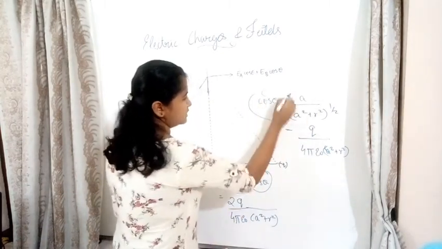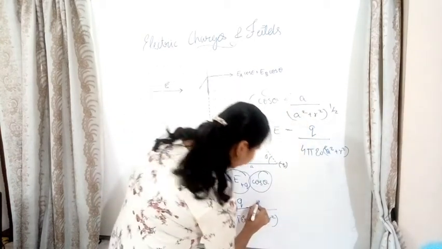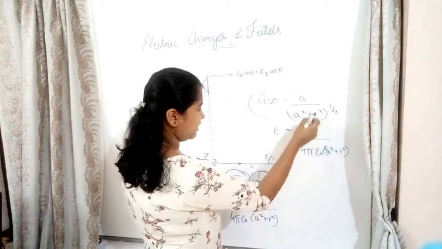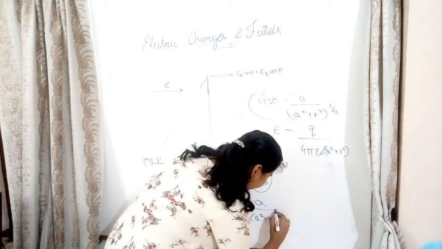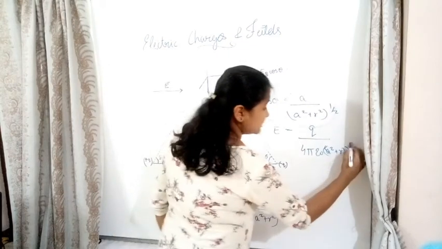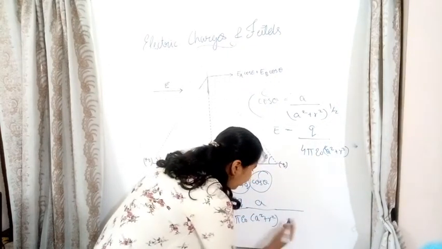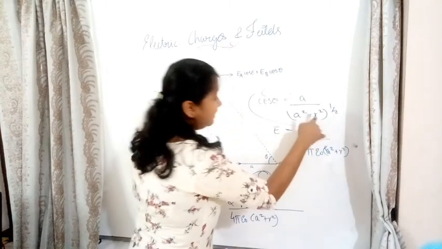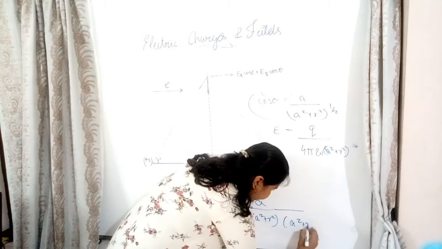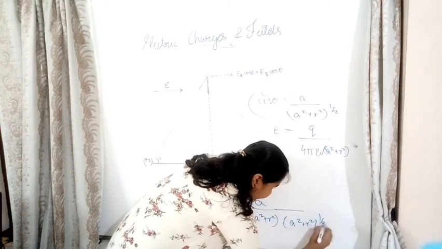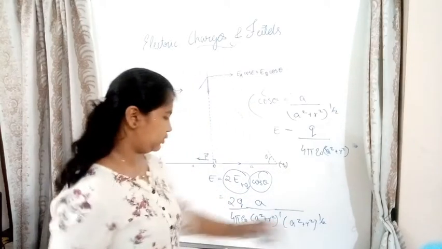So what is cos theta? This is A, so we'll put A here, and then A square plus R square the whole raised to 1 by 2. So over here what we write? A divided by A square plus R square whole raised to 1 by 2. Okay, so this is raised to 1 and this is raised to 1 by 2.